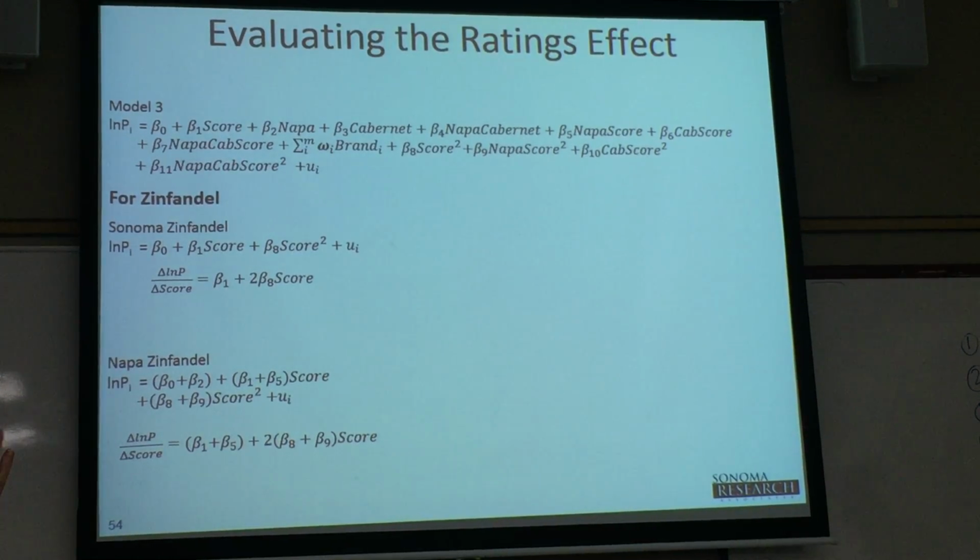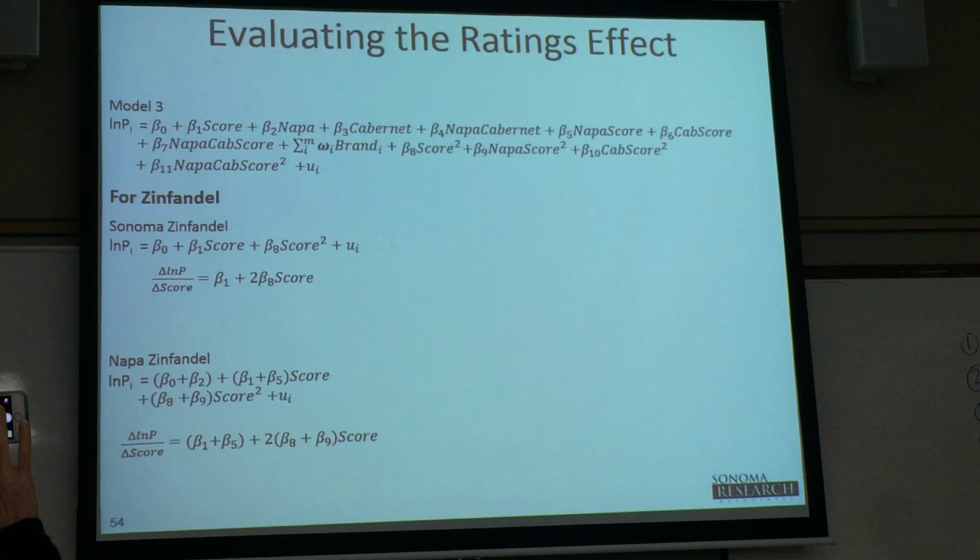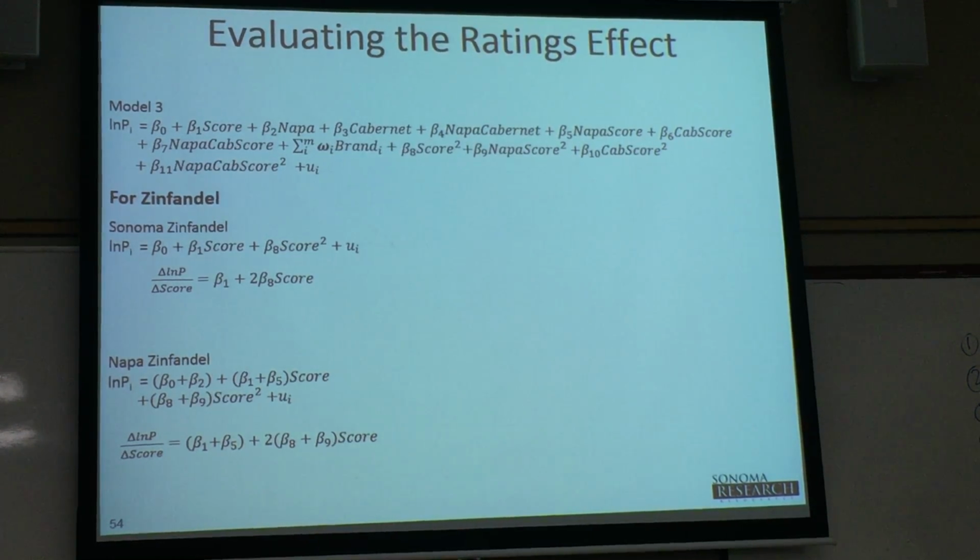On the Zinfandel one, it equals beta 1 plus 2 beta 8 score. So is that score supposed to have a squared? No. So where does the squared go? You just moved stuff around from the previous one, haven't you? You just divided both sides by a score?